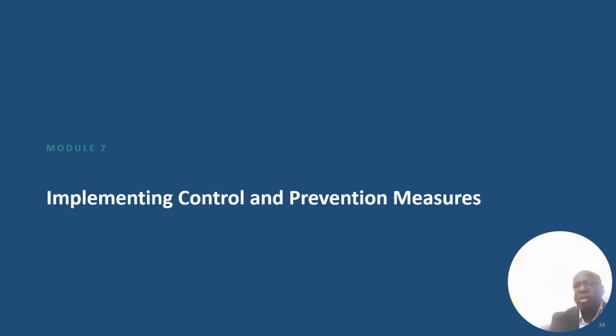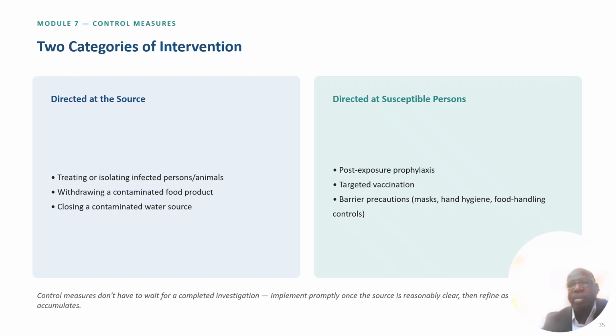Implementing control and prevention methods. As I have mentioned, prevention and control measures should exist at all steps since we start the outbreak investigation. Here we have two categories of interventions: directed at the sources or directed at the susceptible persons.